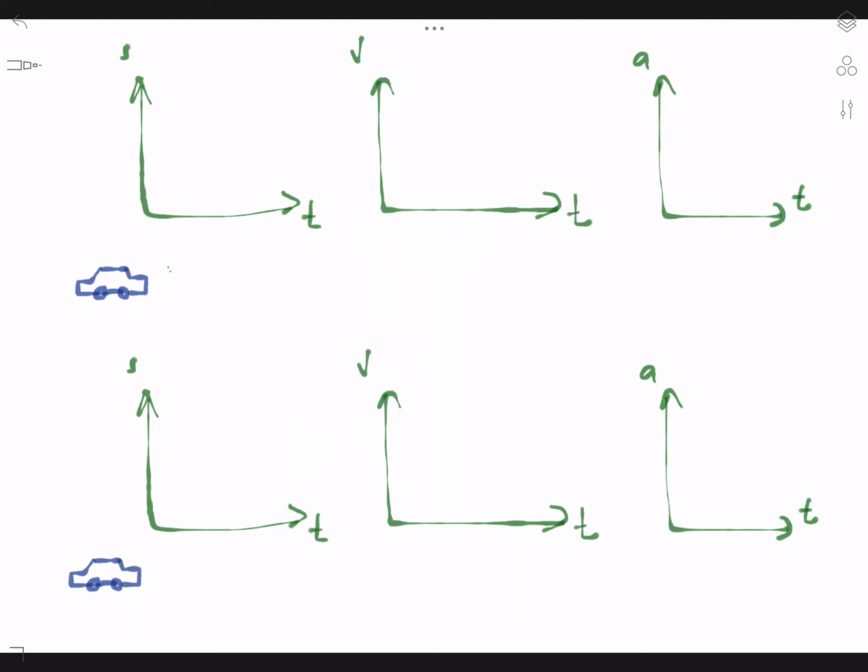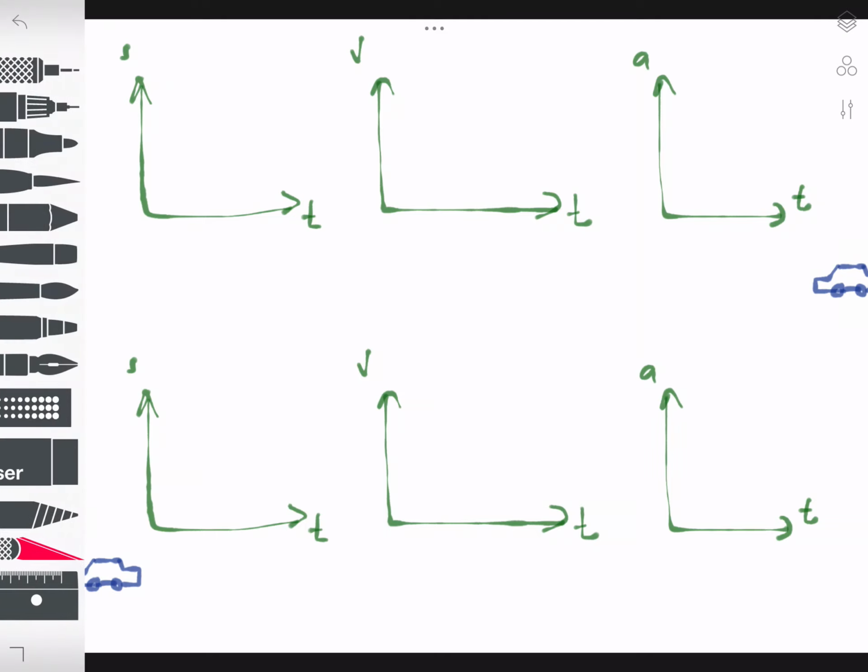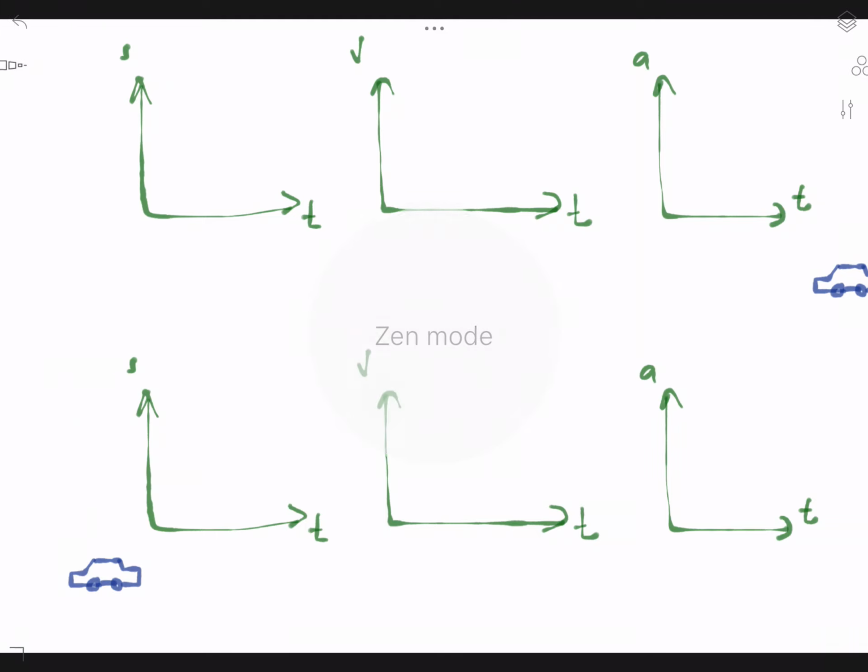Okay, now look at this car. Let's say it is now accelerating. Initially, it is moving slowly, and then the velocity increases, and it goes faster, like that. Then let us try to draw the graph there. Now it should be like this.